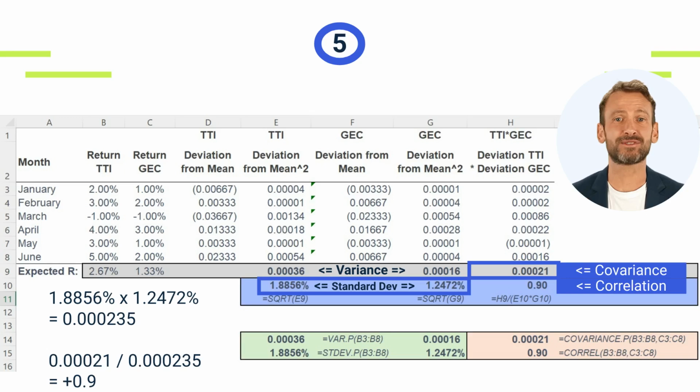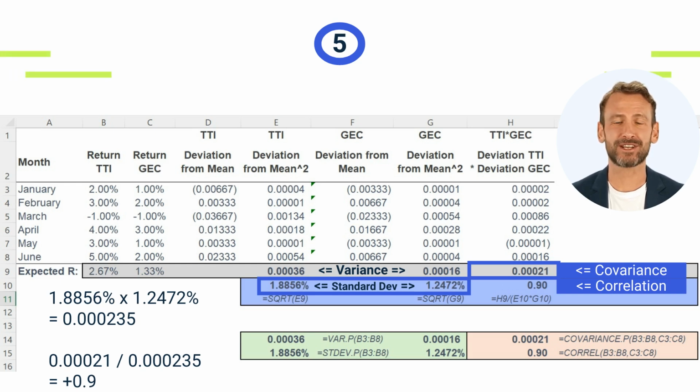A correlation of +0.5, for example, would indicate that when one asset increases by 1%, the other also increases, but only by 0.5%. A correlation of 0 indicates that the two assets being evaluated have no correlation, at least not in a linear manner. However, we must be cautious when interpreting this result, as they could have a nonlinear correlation.